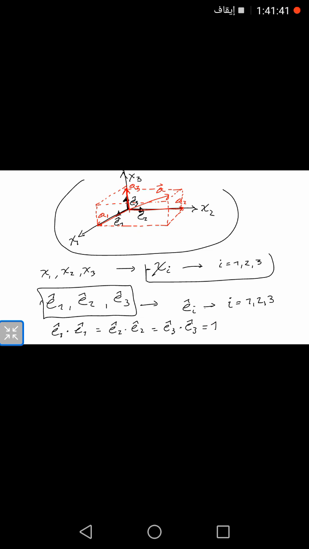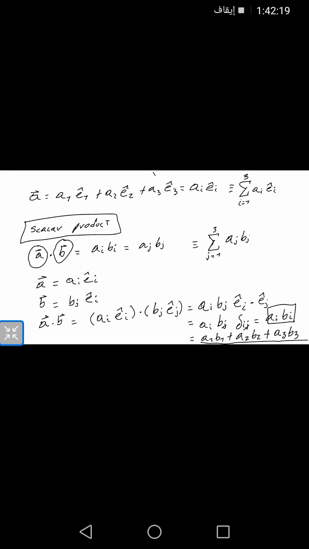Or when we permute the indices, E1 dot E2, E1 dot E3, E2 dot E3, in this case we have the value equal to 0.